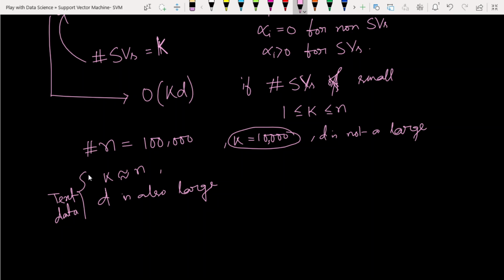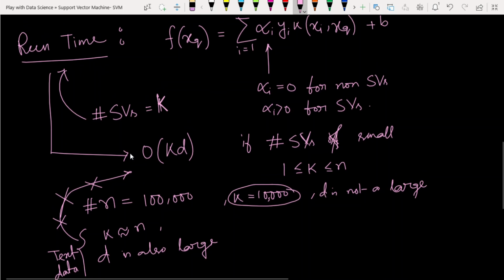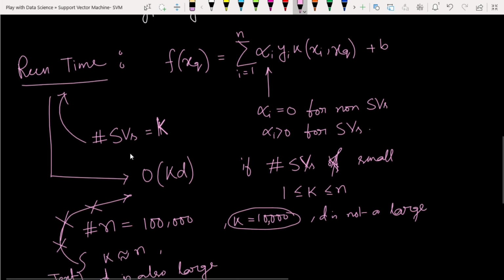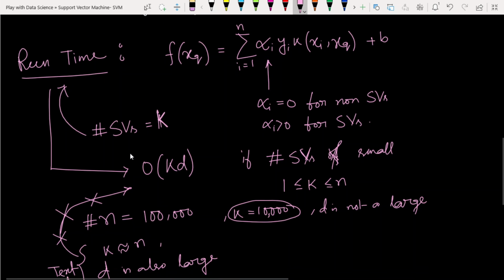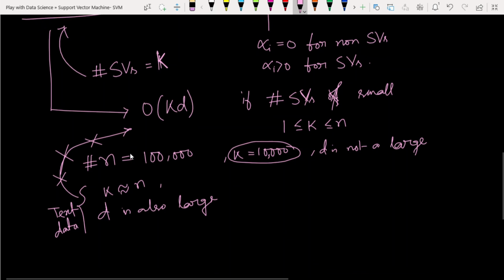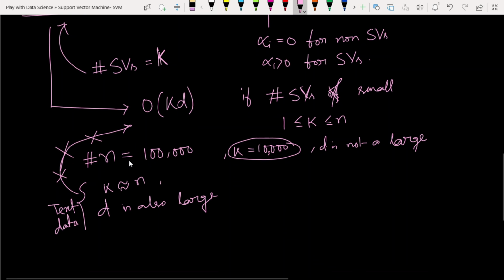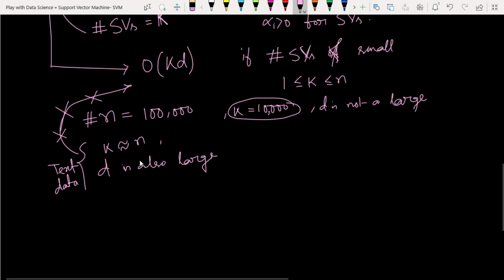In such situations this kind of algorithm is not workable, this kernel SVM would fail. But there are some modifications. In the previous lecture we called it string SVM, so you can easily use it, but it is not as good as the others. If you are interested, you can use it.